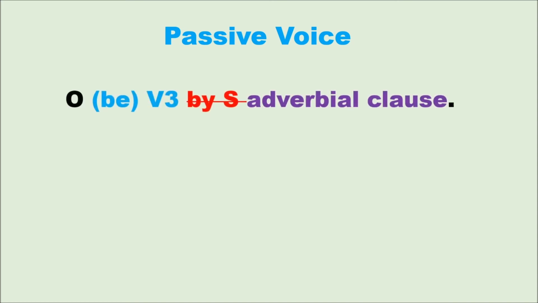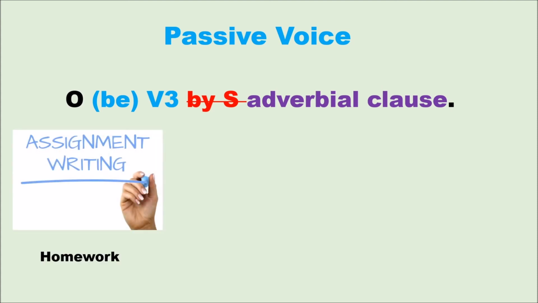Let's change that sentence into passive voice. For passive voice, we know that we have to begin with the object and then some form of be in verb 3. This time we're going to delete the subject and leave the adverbial clause in place. What was the object of that sentence? Homework. Homework it is. And what form of the verb be do we use? Homework is uncountable, so we use the singular verb is. Correct. And what was our verb?